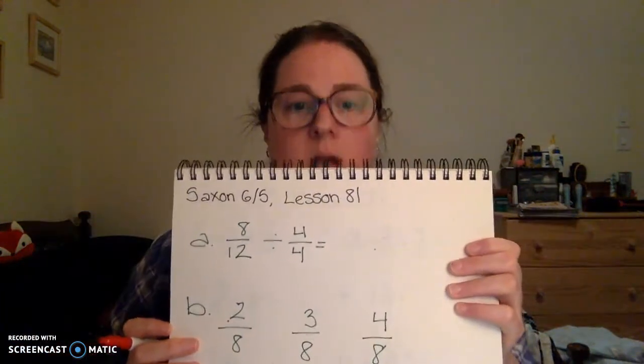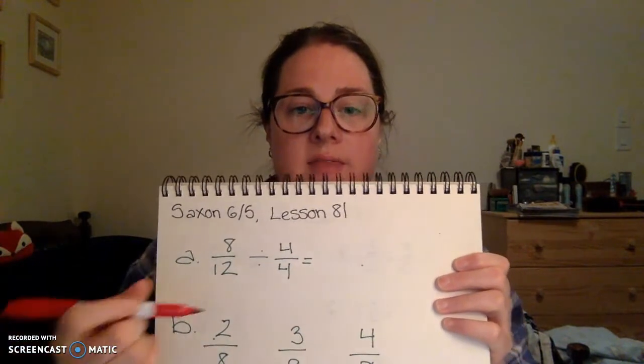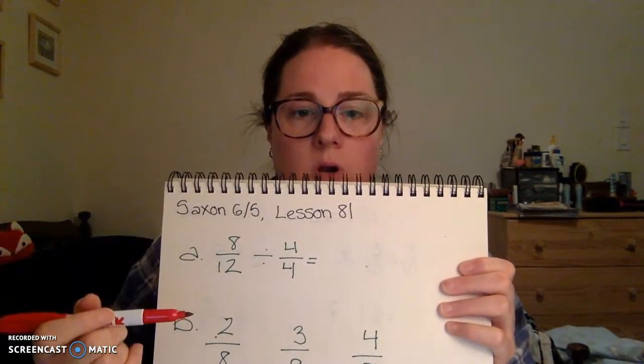So let's look at the practice. If we are looking at our practice set on page 427, A says reduce 8/12 by dividing 8 and 12 by 4. So see here, I've written 8/12, and then I'm going to divide it by 4/4.